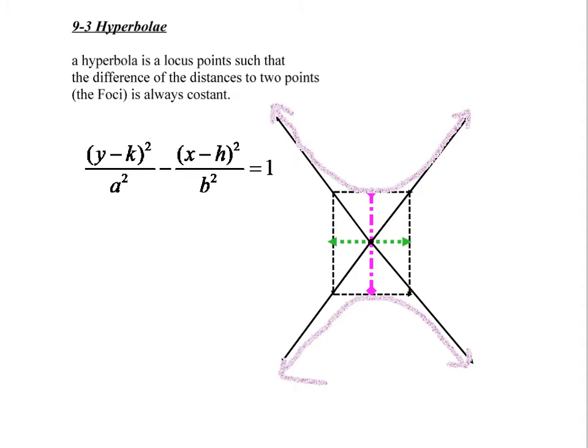But again, if I take any point on the hyperbola, like let's choose this point right here. There's my point on the hyperbola. I said ellipse, I meant the hyperbola. And if these are my foci, right here and here, this distance and this distance, if I subtract those, I get a positive difference.